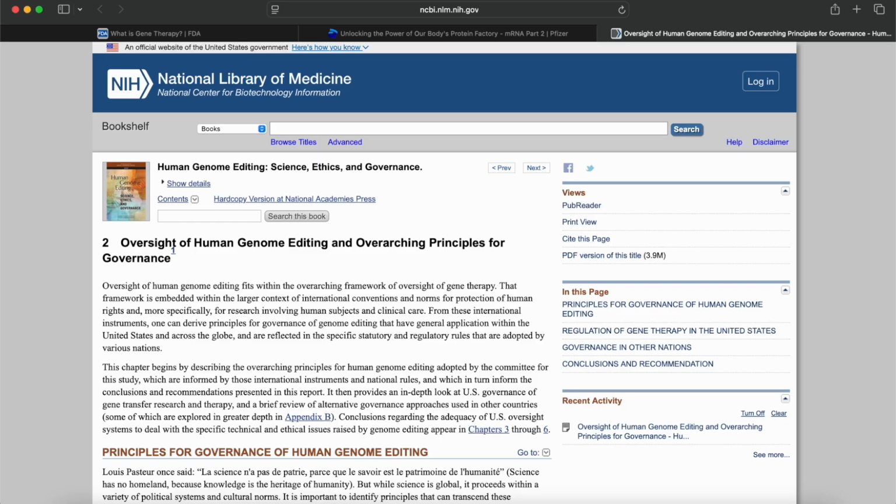From these international instruments, one can derive principles of governance of genome editing that have general application within the United States and across the globe, and are reflected in the specific statutory and regulatory rules that are adopted by various nations.